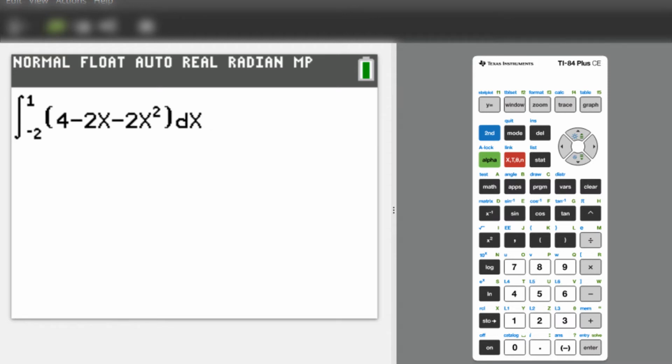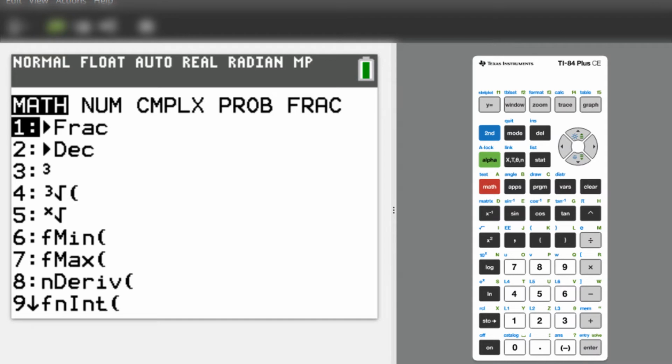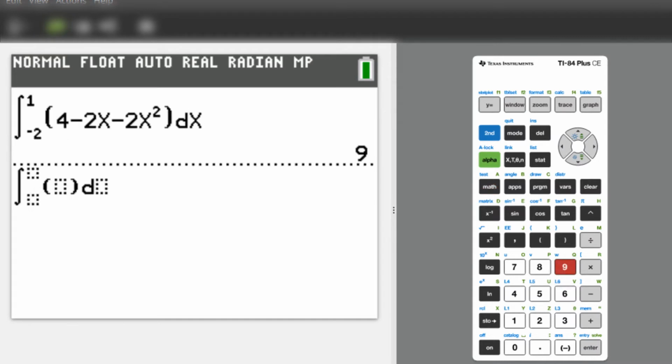And now press enter, and we get the area as 9. Let's repeat this process for our second integral. Let's practice the keystrokes. Hit Math again, get to the integral symbol, and this time we go from 1 to 2. Remember, the 1 was where the graphs intersected.